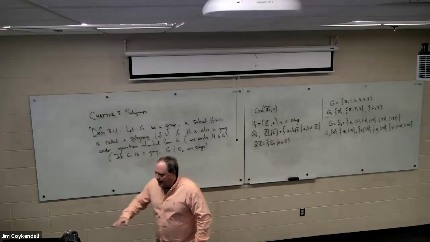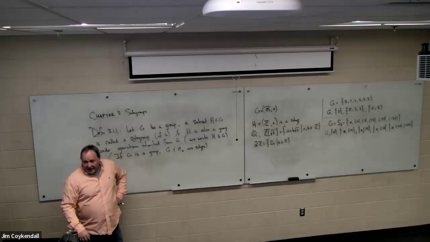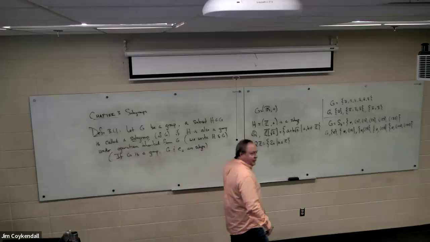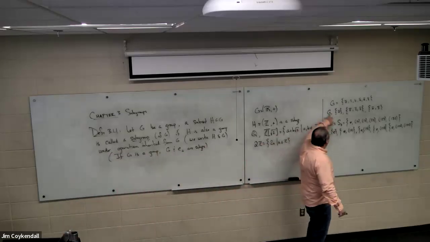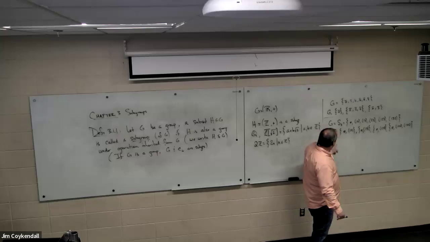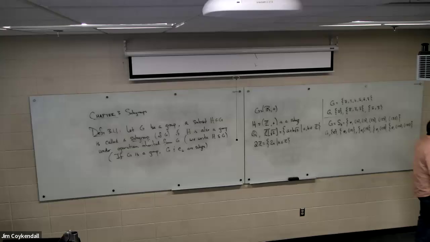But notice, in both of these examples, the order of G is 6. Agreed? What are the orders of the subgroups? 6, 1, 3, 2. Right? What are the orders of the subgroups? 6, 1, 2, 2, 2, 3.